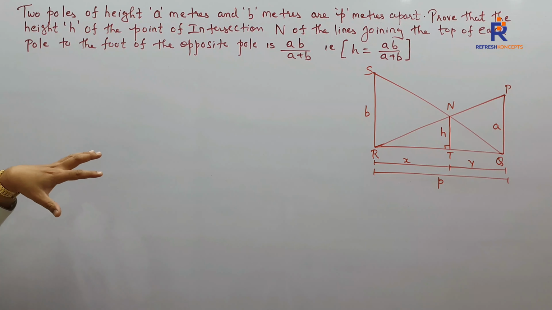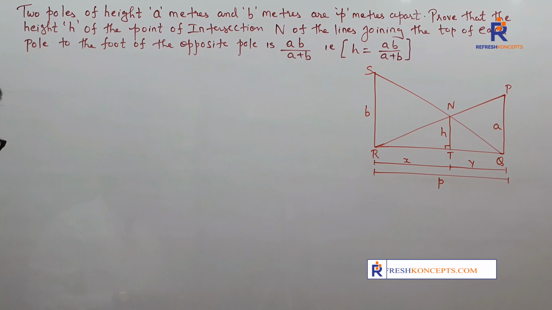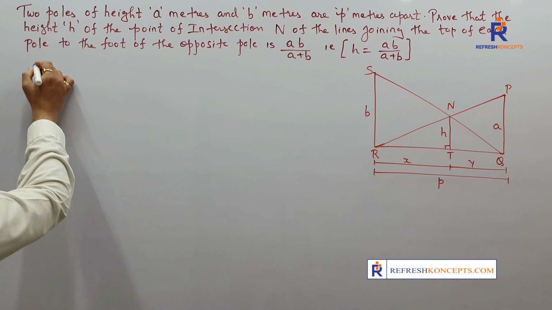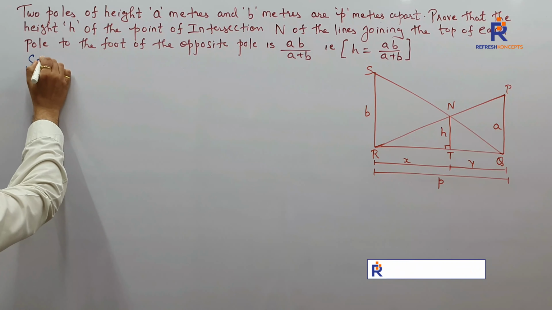If you want, you can always write down a very brief description of the diagram in your own way in statement form. So what I'm going to write down: PQ is the first pole, which is of height a meters.